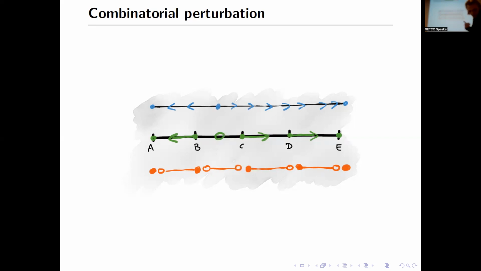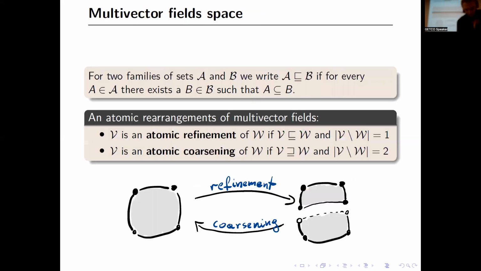When this point moves further, then we would like to split this multivector again to have a compatible model. Behind this picture, there is the intuition that the simplest thing that you can do to a multivector field is to refine some multivector.